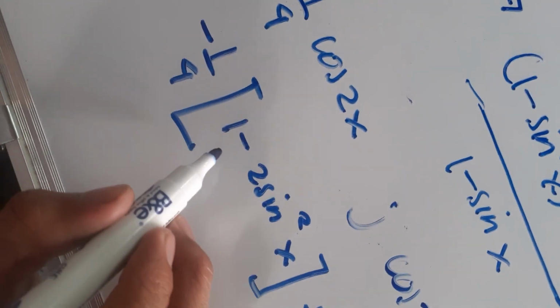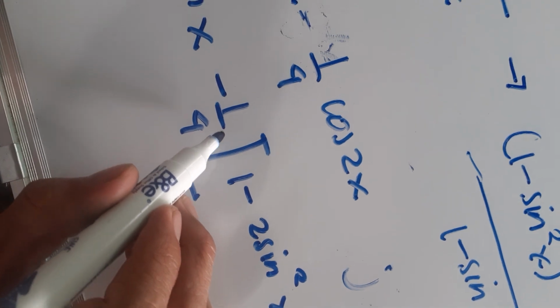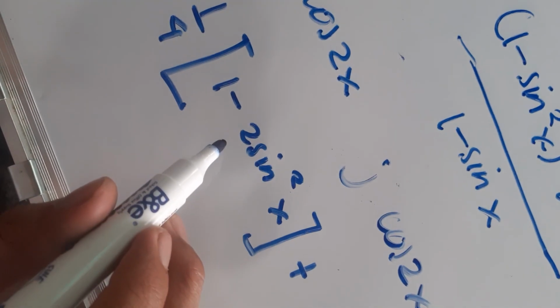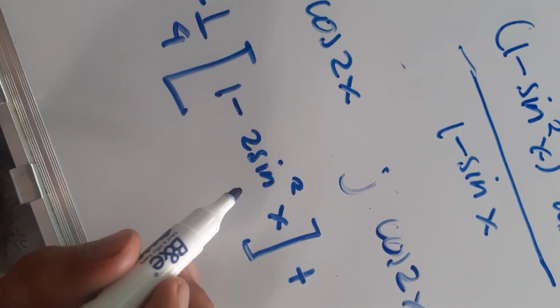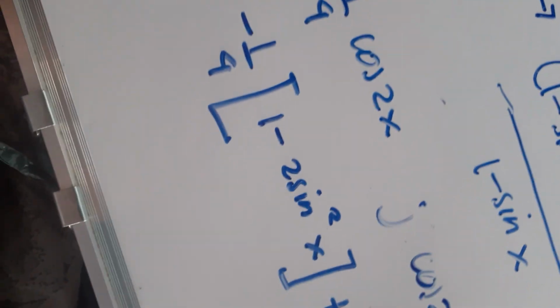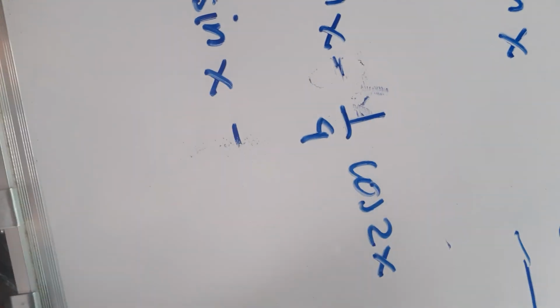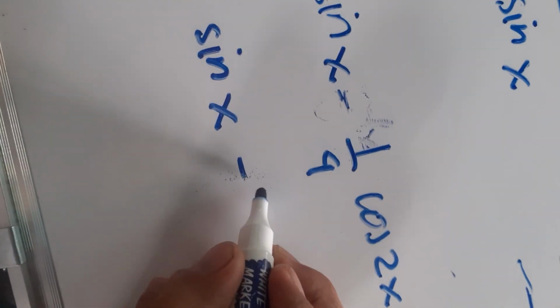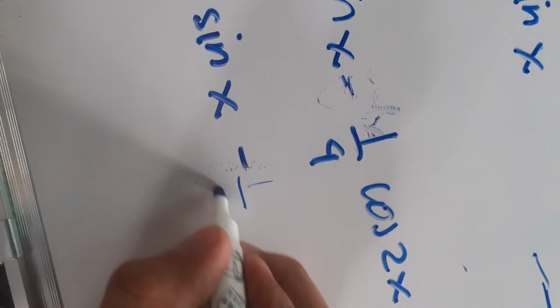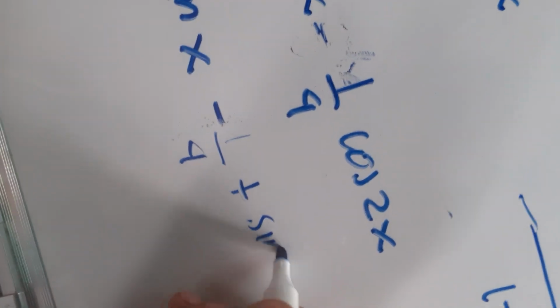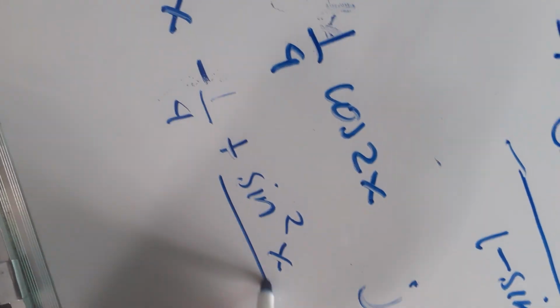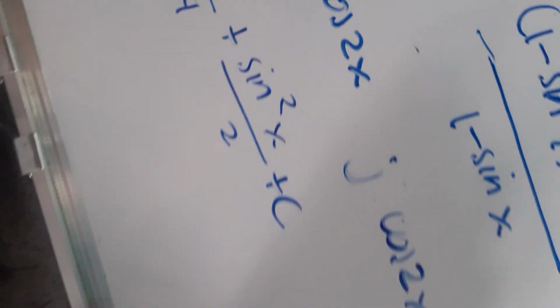By distribution, we can simply write this as negative 1/4 plus 2 sine squared x over 4, or simply sine squared x over 2. So we write our answer as negative 1/4 plus sine squared x over 2 plus c.